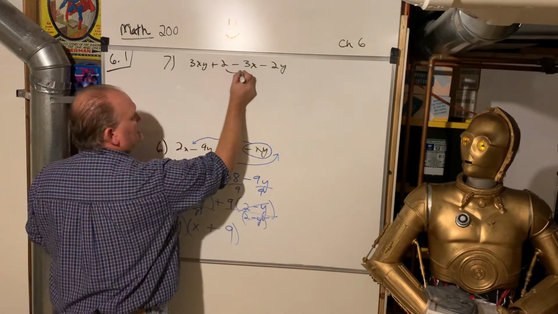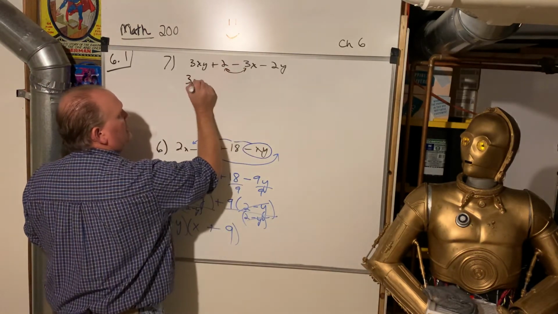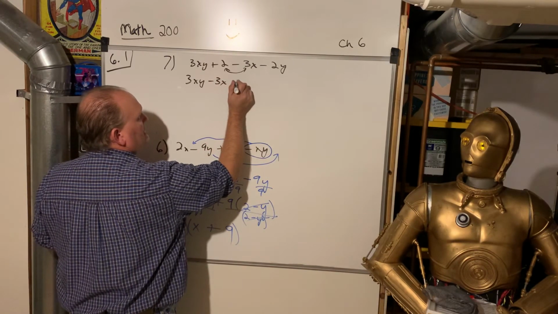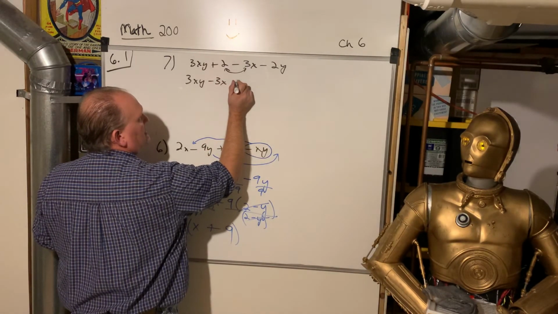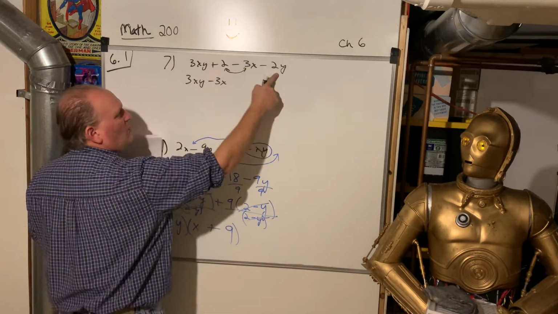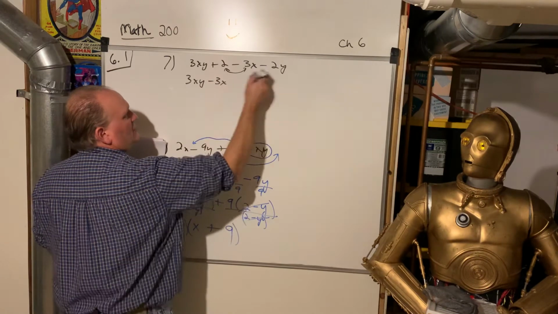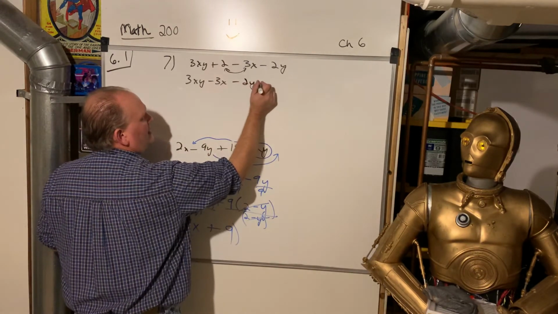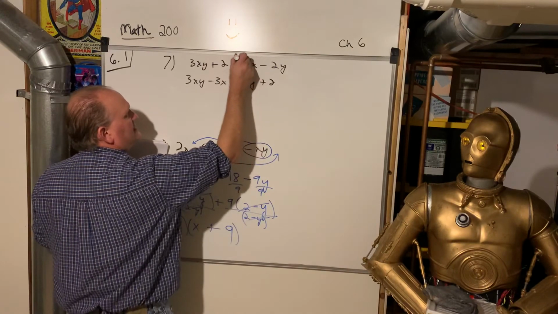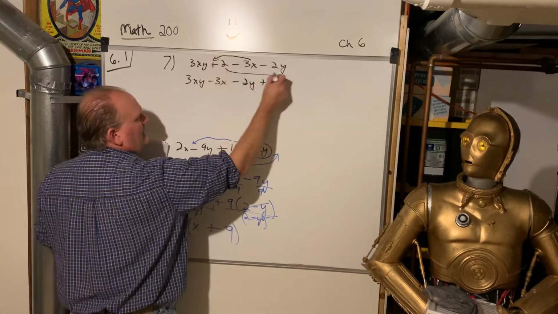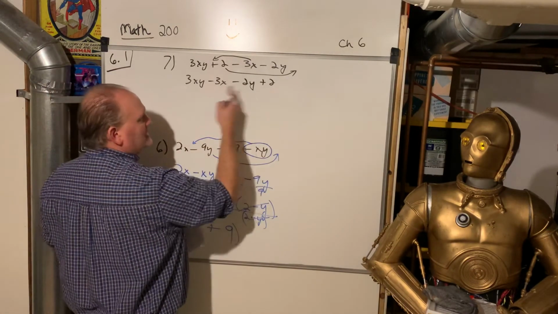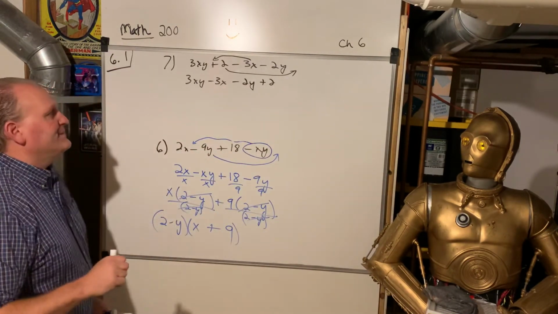So we'll just switch those two around, I think. 3xy minus 3x, plus, I don't know if I want the 2 first. See, I'm worried about the y. I want the y's to match. So let's write the minus 2y and then plus 2. So again, we switched this to the second position and that to the last position. So then it goes y number, y number. That's why I switched it like that, all right?